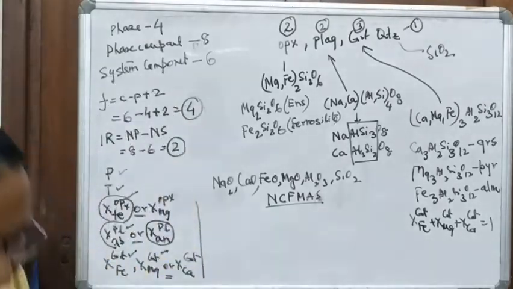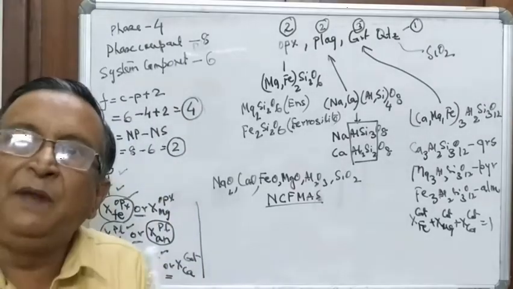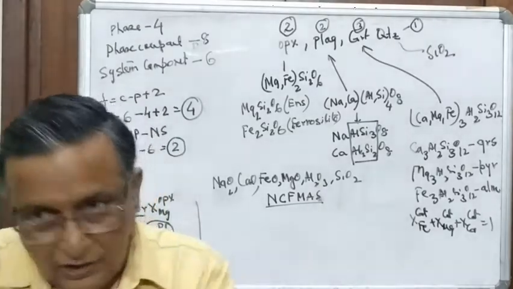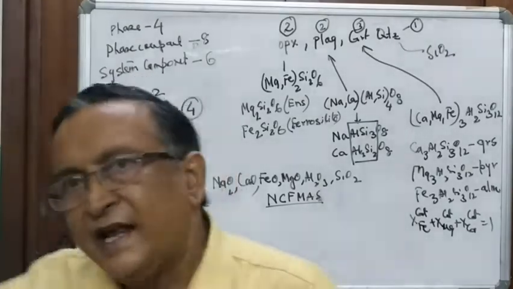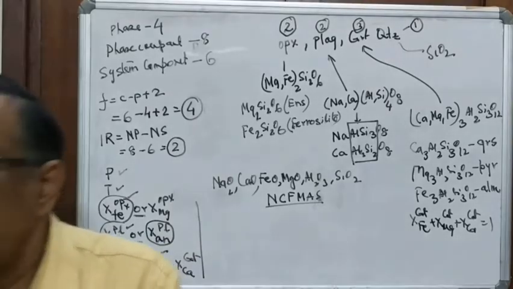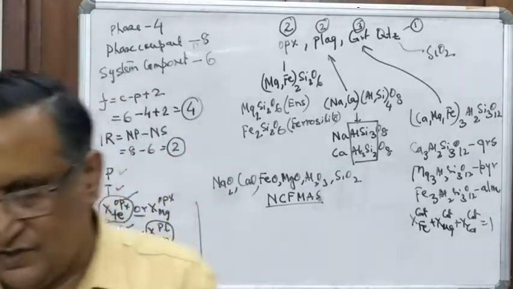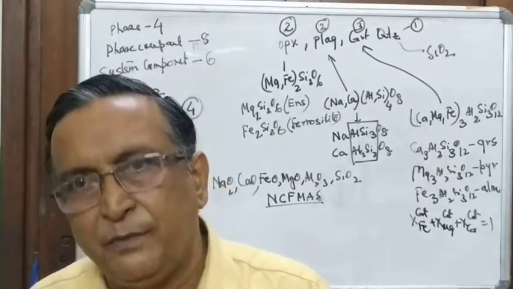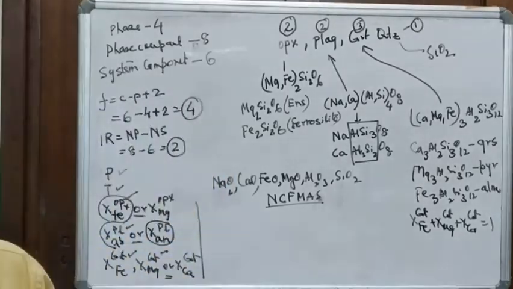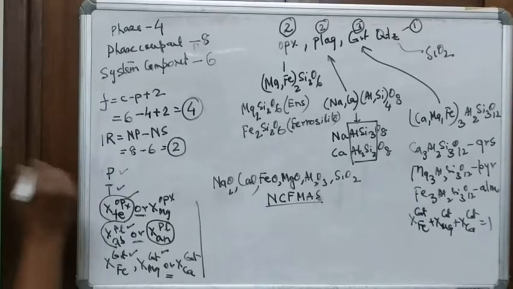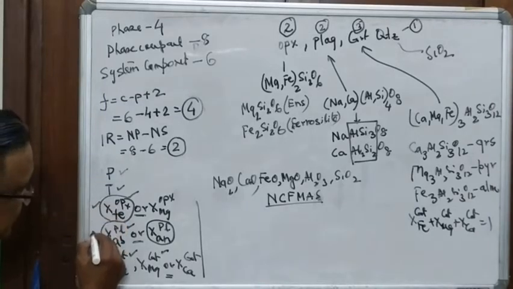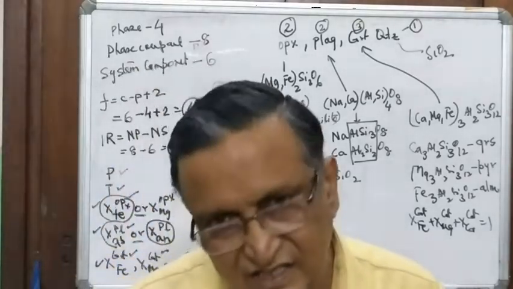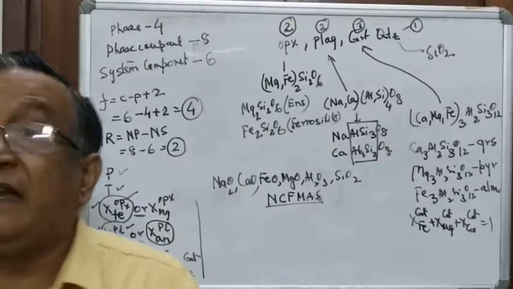If you believe me that what he's saying is right, and if you still don't believe, you have to go there and ask whoever is in the experiment, please show me how this is analyzed. And they will show you. It's a very costly equipment, but it analyzes. So this can be determined, this can be determined. All these intensive variables can be determined.